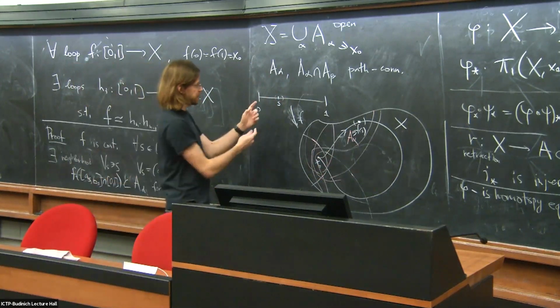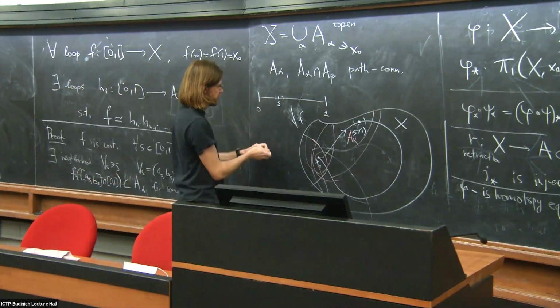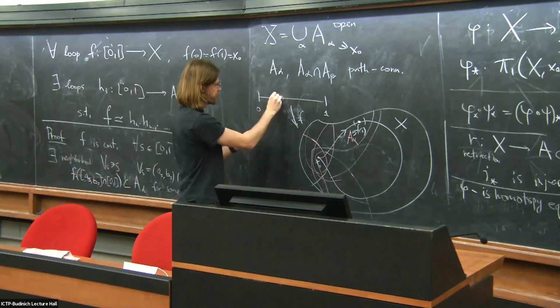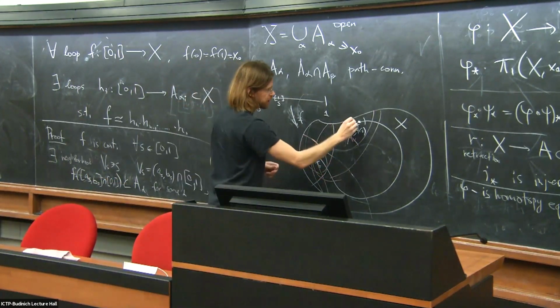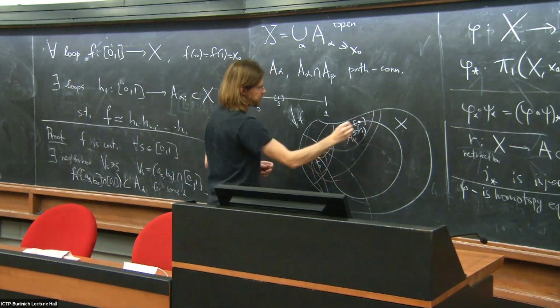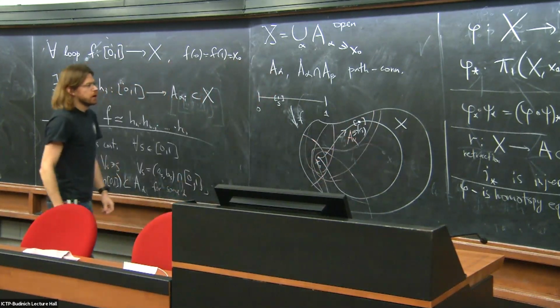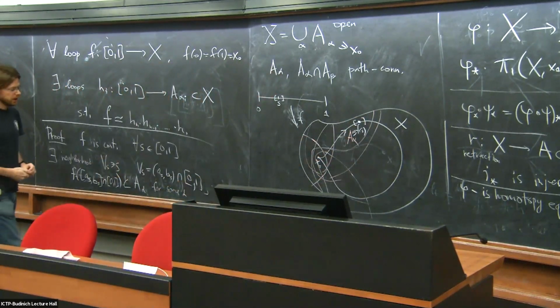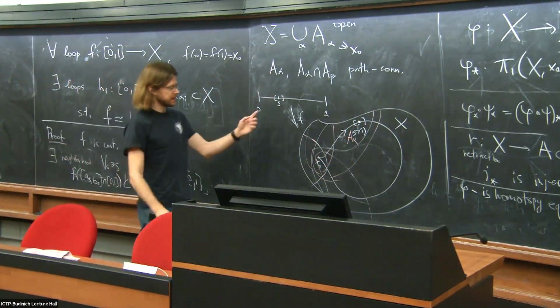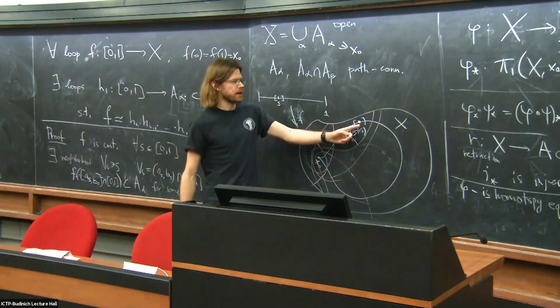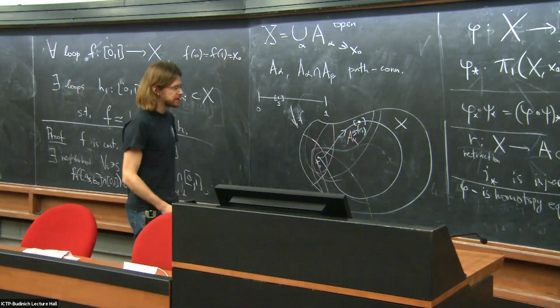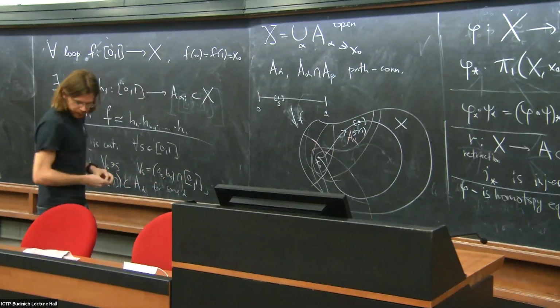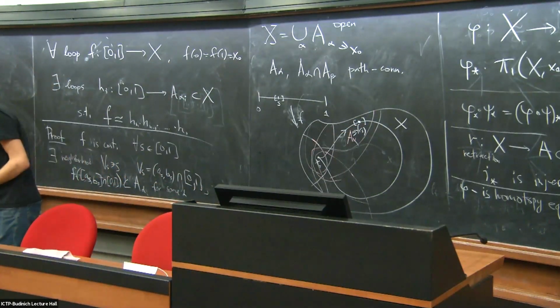And again, I can always make it smaller to ensure that the image of the closed interval containing s is also entirely in this A alpha. I hope this is clear.